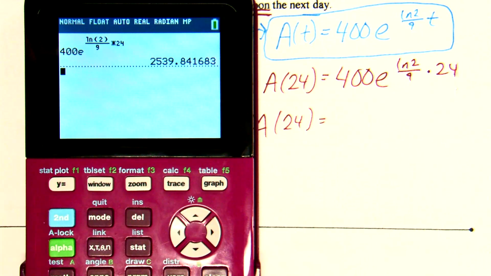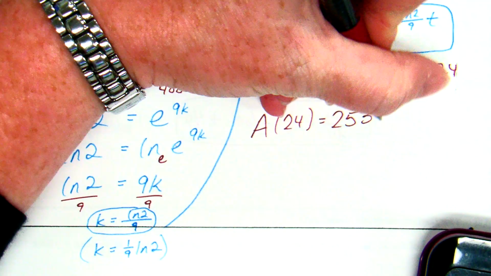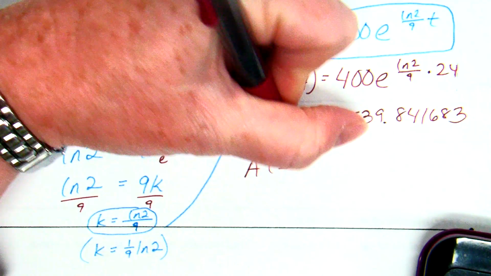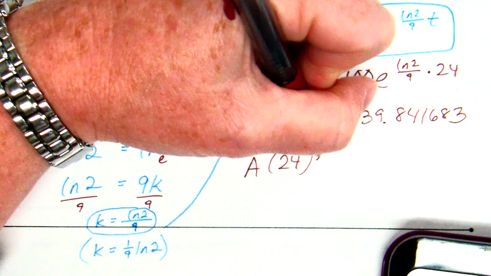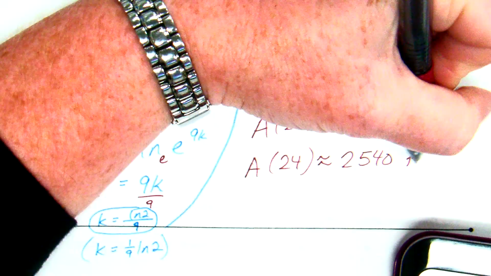Oh, I know why I put 44 instead of 400. Enter your calculator pieces carefully, right? So yeah, mine is 2539.841683, which, if it specifically says find the number of bacteria, in terms of whole numbers, that is approximately 2,540 bacteria.